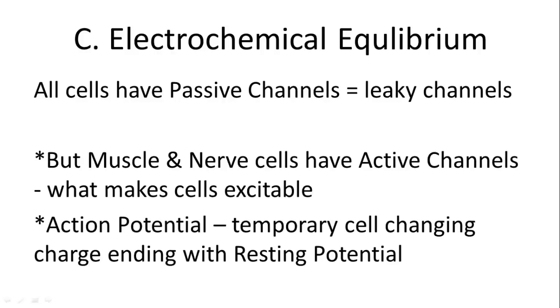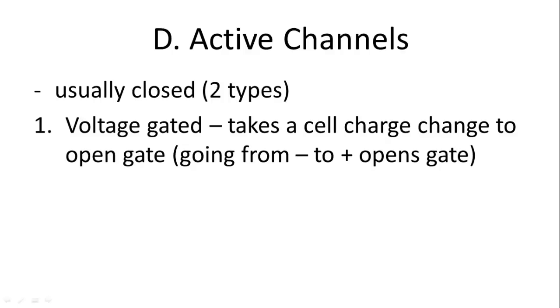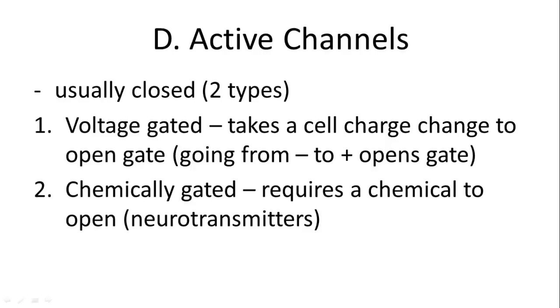An action potential then is a temporary change in that positive and negative charge and then ending with the resting potential. Active channels are usually closed. There's two types: voltage gated, okay, which takes a charge in order to propagate it, and chemically gated, which requires some sort of chemical to allow them to transfer.